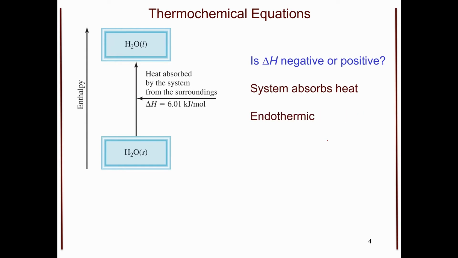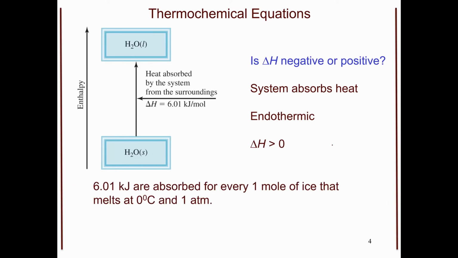So how are we going to signify this in a balanced chemical equation? So because our delta H is positive or greater than 0, we can now state in a wording format that 6.01 kilojoules are absorbed for every 1 mole of ice that melts at 0 degrees C and 1 atmosphere. The best way of writing this is using a balanced chemical equation.